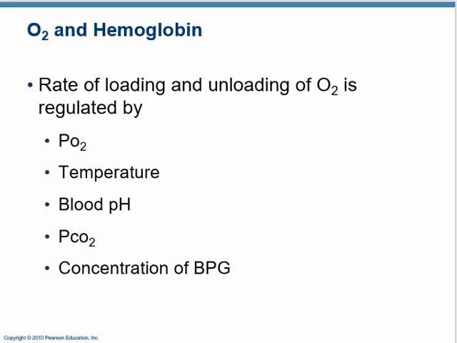Other things change the rate of loading and unloading. So the partial pressure of oxygen is the one we just talked about, but temperature is also a big deal. In warmer tissues, there's less affinity for oxygen. So in cool, oxygen wants to dissolve and go into the blood.